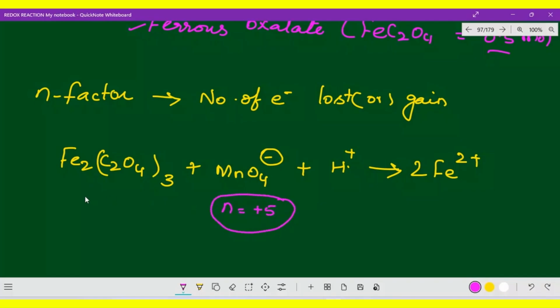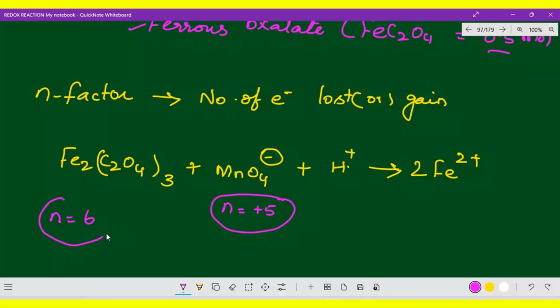Whereas in ferric, 2 iron atoms are there, so N equal to 6. Ferric is +3 only, but 2 atoms are available, so 2 atoms, each atom +3.